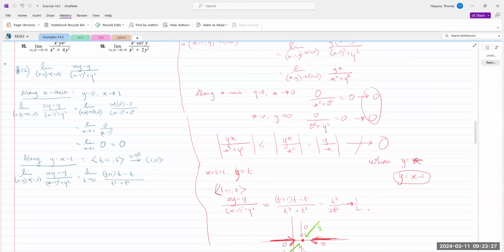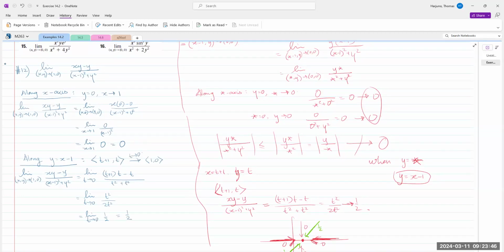You will see on the top, this is limit t goes to 0 of t squared over 2t squared, which is limit t goes to 0 of 1/2 before I plug in t equals 0.